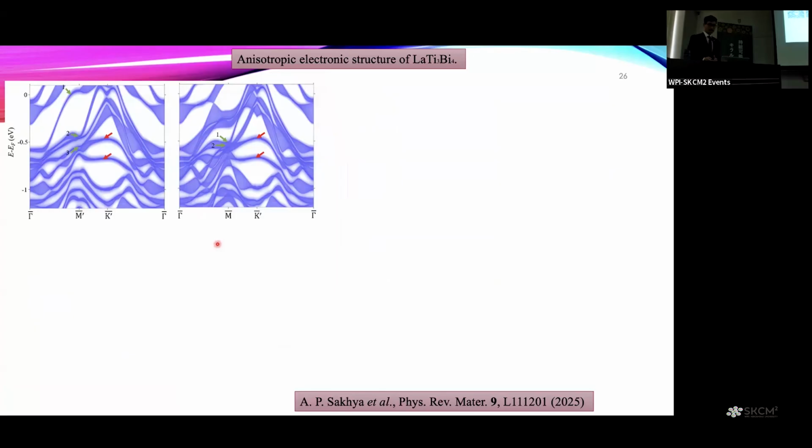Now there may also be some questions like, okay, the photoemission matrix element may play a very important role because you are changing the direction, you are rotating it. However, that is not the case for LnTi₃Bi₄, because from DFT calculations, if you take a cut along gamma m prime or gamma m, you see it is actually in close agreement with our experiments.